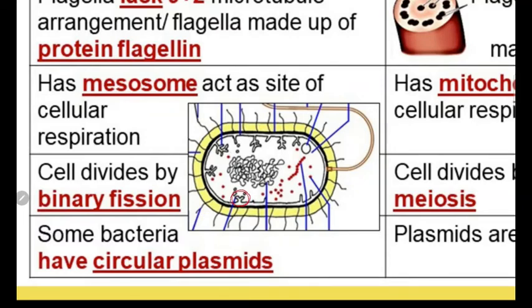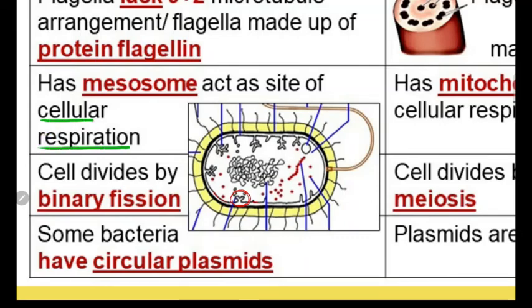Okay, mesosome is a structure that comes from the inward folding of plasma membrane. So ni plasma membrane. So this is plasma membrane. When plasma membrane ni inward folding, maksudnya dia terlipat ke dalam, so it will become into a structure known as mesosome. So what is the functions of mesosome in prokaryotic cell? It acts as a site of cellular respiration. Site. Tapak for cellular respiration.